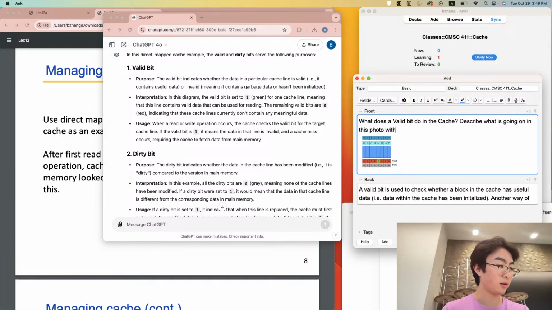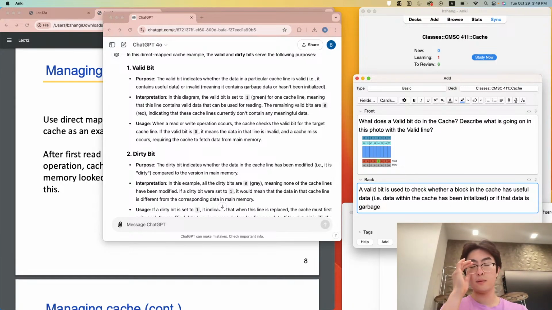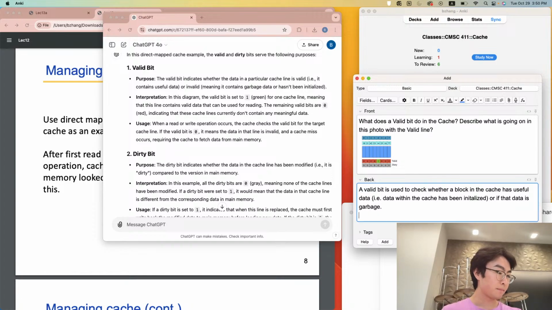This block would be valid. Yeah, I think there's still something stored in memory, but it's just a random value if it hasn't been initialized. Okay. This is a cache example.